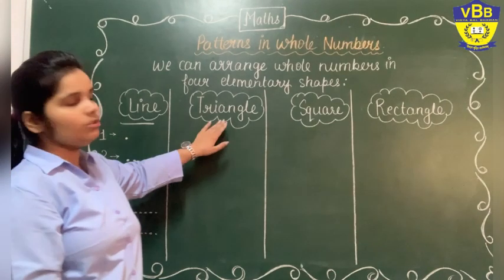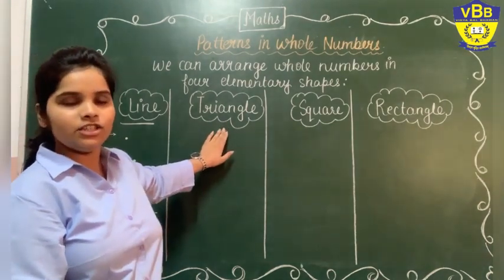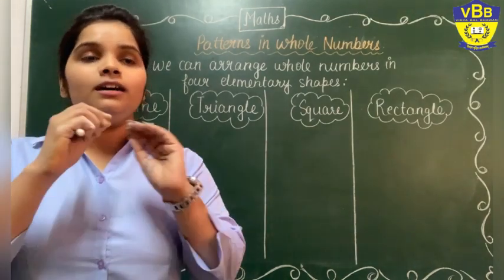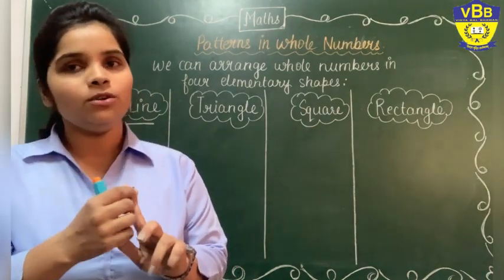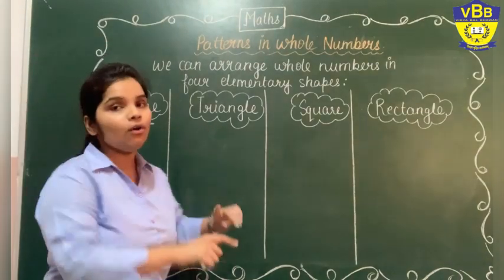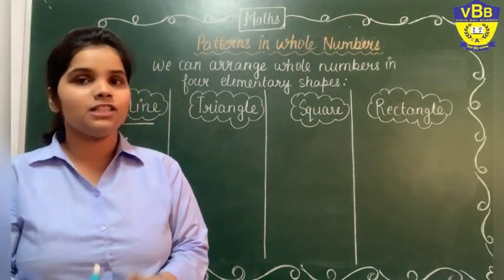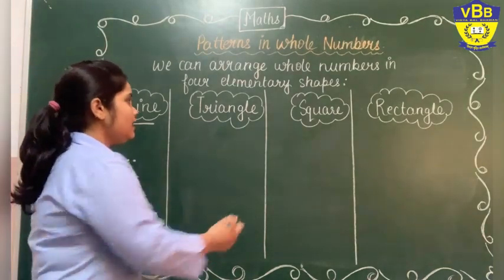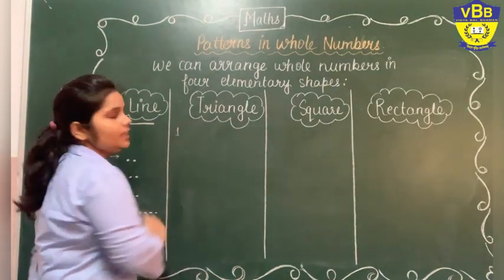Now if we talk about the second elementary shape, that is triangle, we can only represent some of the whole numbers in a triangle. Not all the whole numbers can be represented as a triangle. So let's talk about it. Can you arrange 1 dot in a triangle?